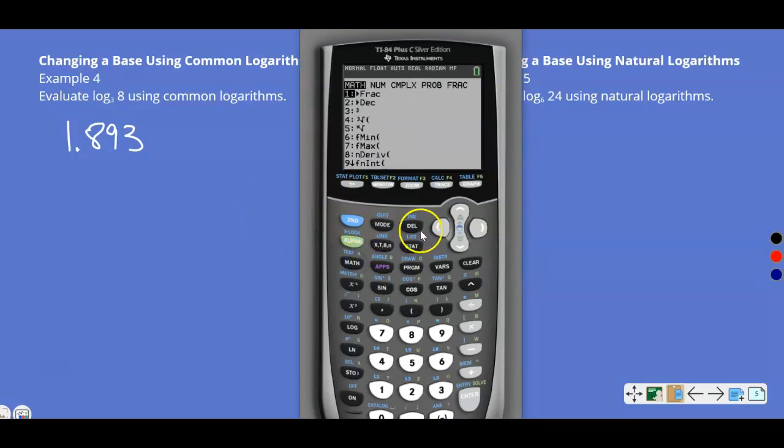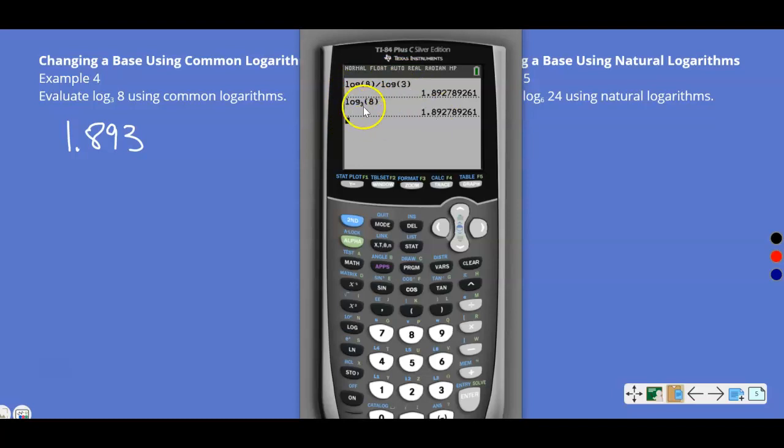All right, I'm going to show you another way to do it just because these calculators are pretty handy. So if we do math and we go up to log base, this is not using the change of base formula. This is typing it in straight like it is. So log base 3 of 8. And it's going to give us the same answer. So you can see that the change of base formula is just another way to do it.